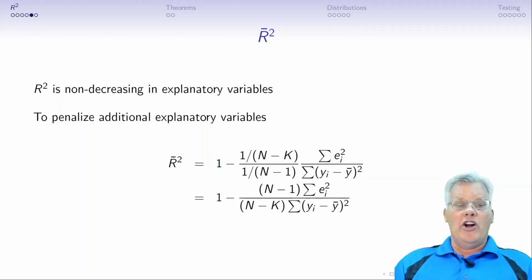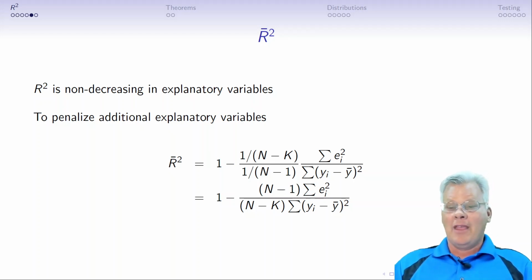R bar squared is an attempt to statistically penalize the addition of explanatory variables that lack sufficient merit. And what we do is divide both numerator and denominator by their respective degrees of freedom. Right? You remember that the regression residual e has n minus k degrees of freedom.